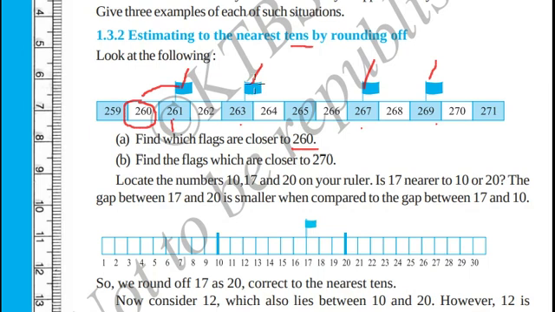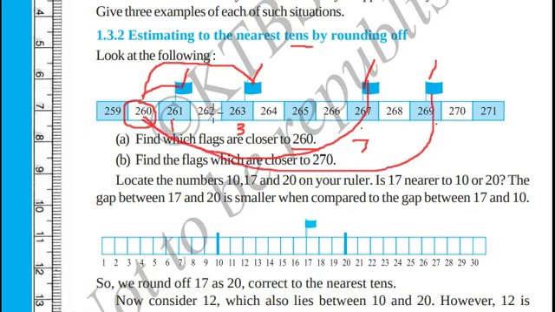Whereas the difference between 263 and 260 is 3, the difference between 267 and 260 is 7, and the difference between 269 and 260 is 9. Among these 4 numbers, 261 is nearer to 260.